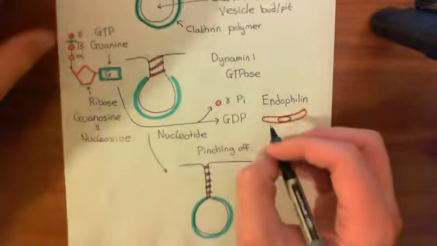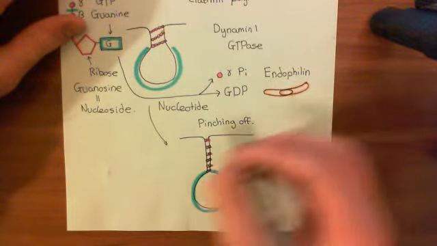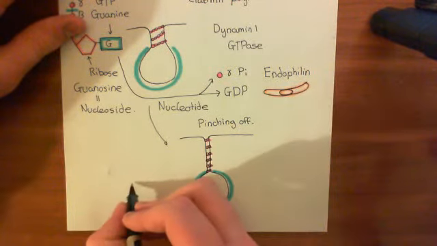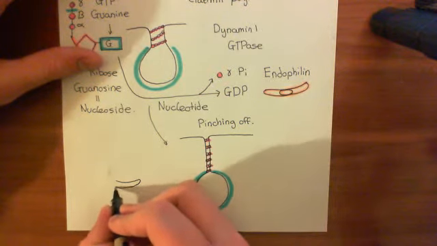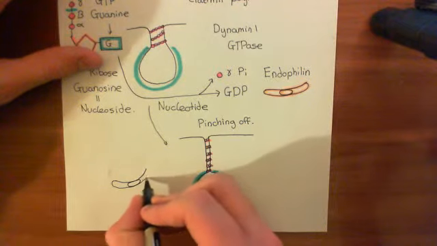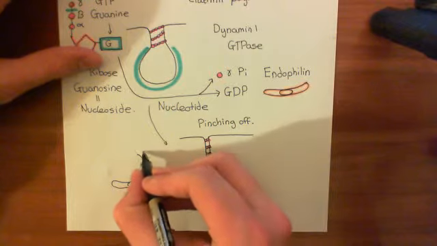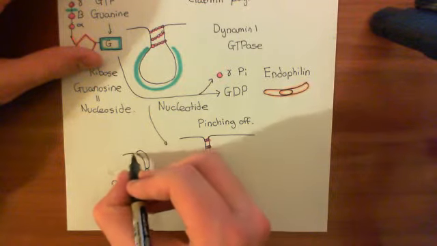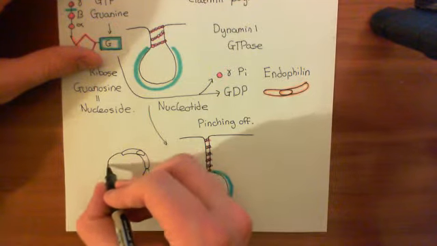So what will happen is you'll take multiple of these together. This is one dimer, and you'll take multiple dimers. Here's one endophilin dimer, forming this sort of banana structure. You take another one of these, and here's another endophilin dimer, and then you could join it with more.